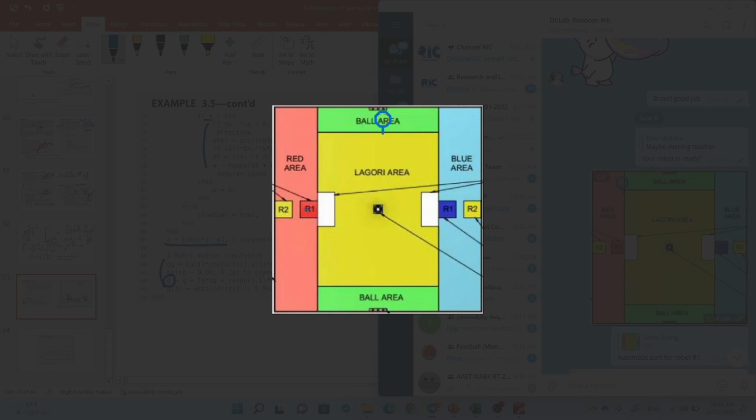The coordinates of all of these points will change according to its origin and orientation, right? So the rotation matrix, you apply to transform coordinates from the body frame into the global frame.